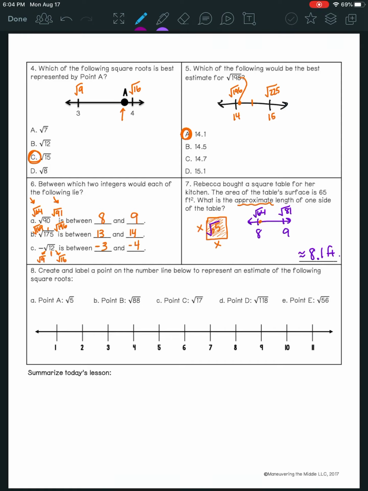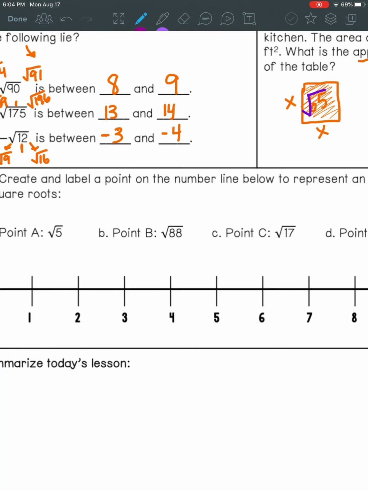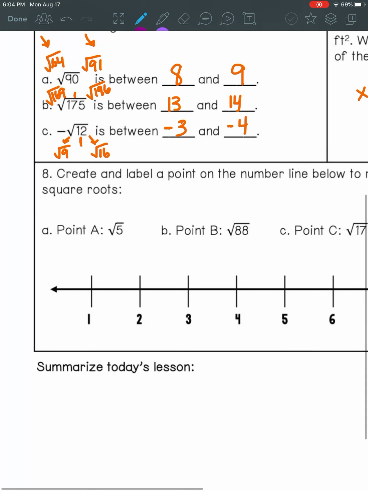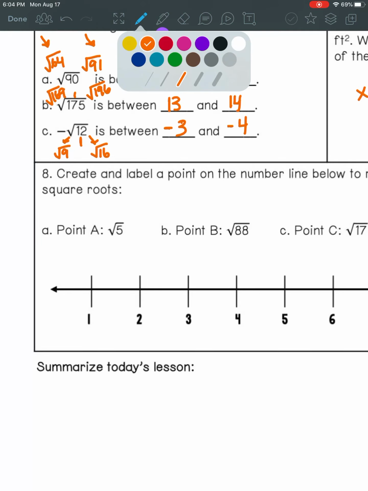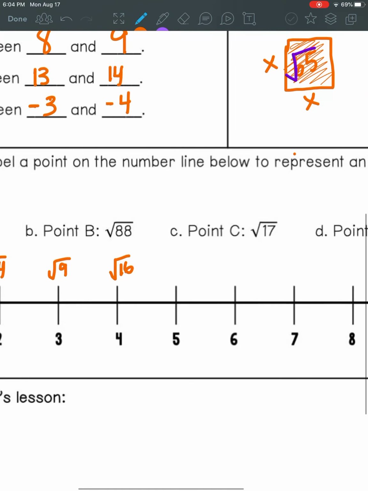Okay? And last part, let's create and label a point on the number line below to represent an estimate of the following square roots. So if we wanted to, we could go through and write down all the perfect square roots. 1 times 1 is 1. 2 times 2, so square root of 4. 3 times 3, square root of 9. 4 times 4, 16.